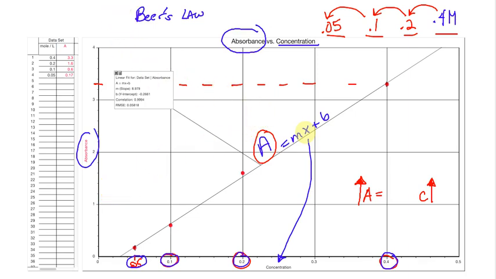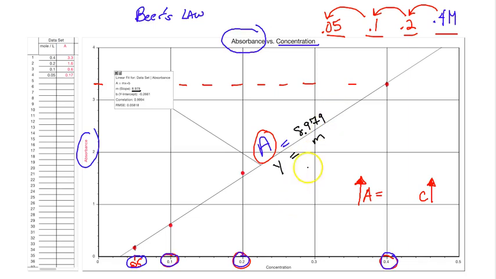So we understand all of that. Let's put the numbers in. Absorbance is equal to the slope, which was given to me by the computer to be 8.979. This is my y, this is my slope.